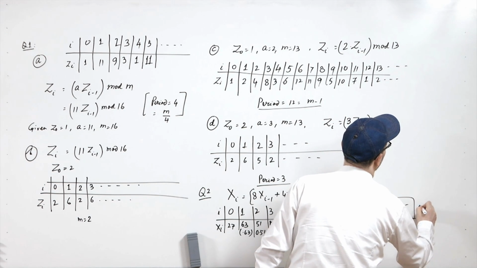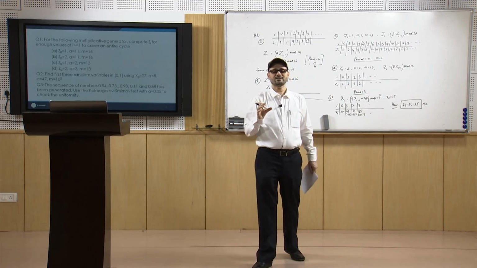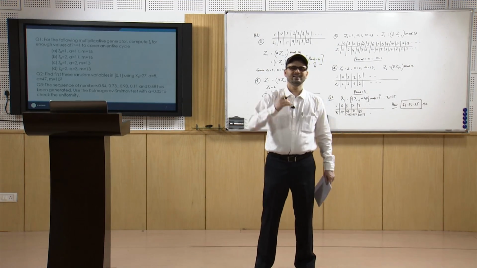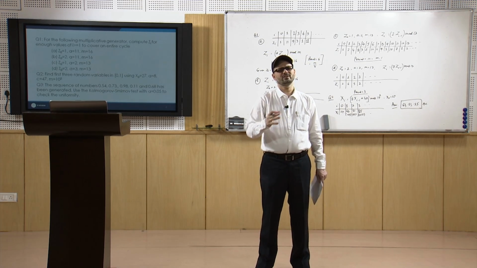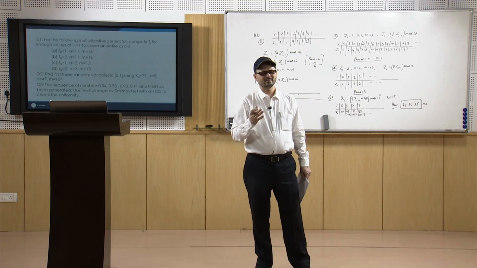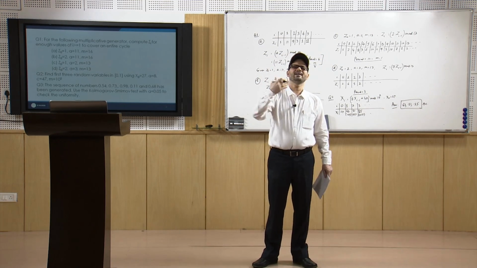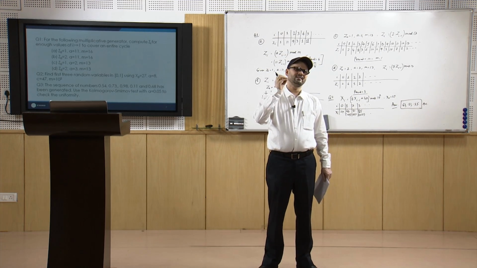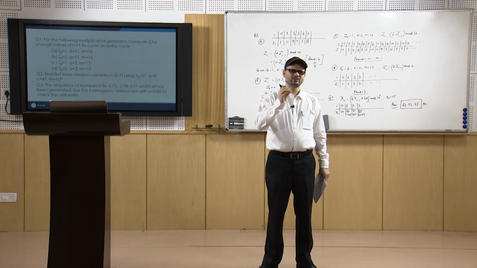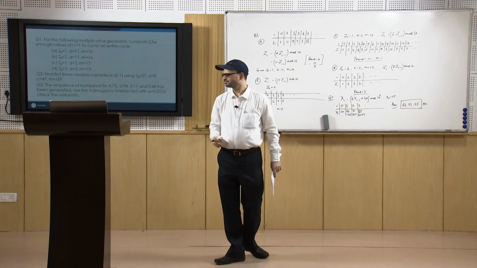Whenever we have to generate a variate in the domain between 0 and 1, the number which you get using the linear congruential generator or any generator with the modulo operation, you divide it by the mod value, and then you get the variates between 0 and 1. So, this is how it is solved.